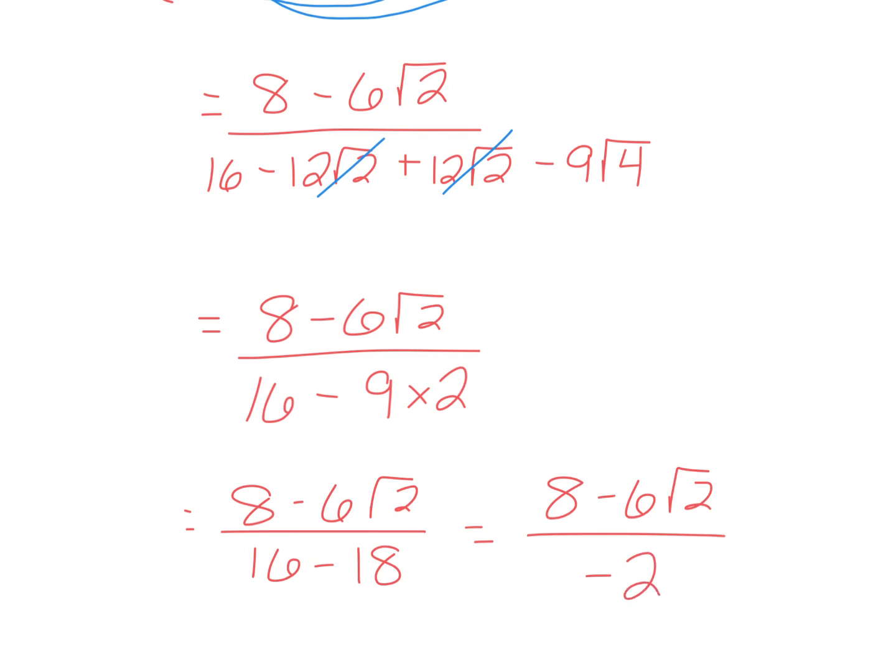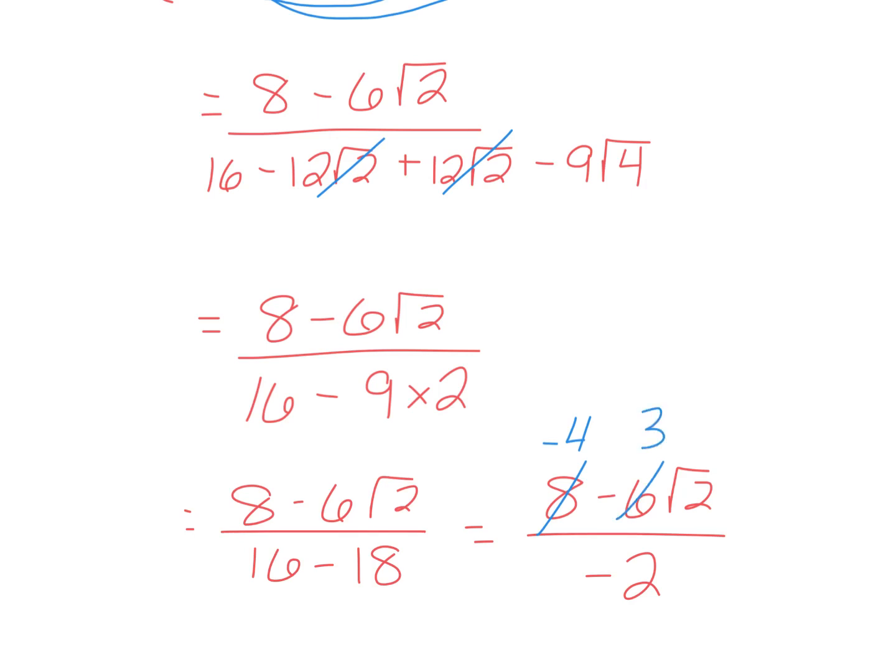Okay, if you got this far, awesome. There is one more thing you can do. When you have two terms divided by one term, remember you have to divide it to both. So how many times does negative 2 go into 8? Negative 4. How many times does negative 2 go into negative 6?